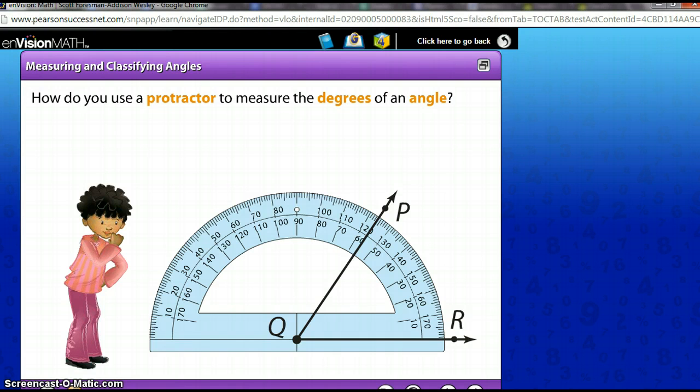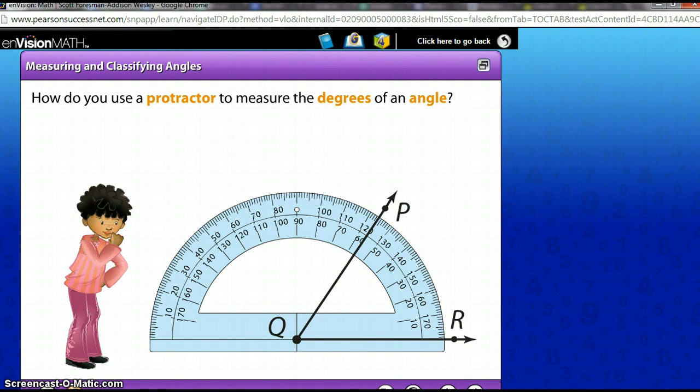He's going to step you through where to place your protractor and how to read the protractor. Because if you will notice on yours and on this one, more than likely there are 2 sets of numbers, a top set and a bottom set. So pay close attention to what numbers you are to look at when you measure.